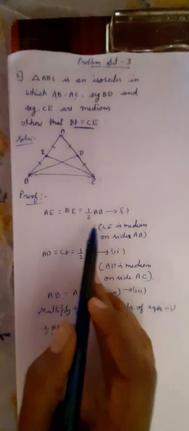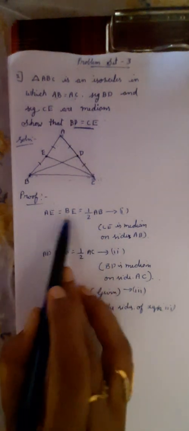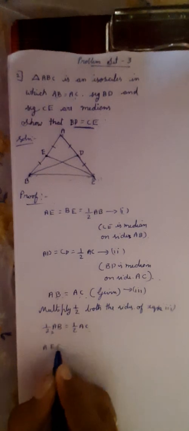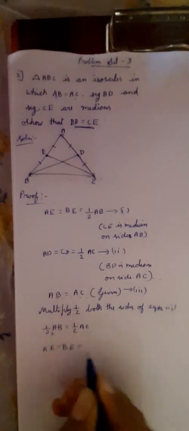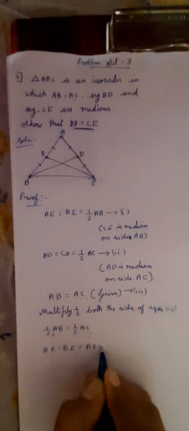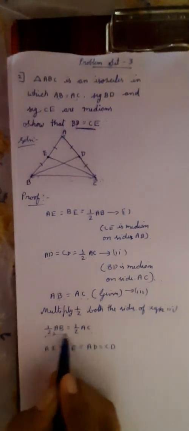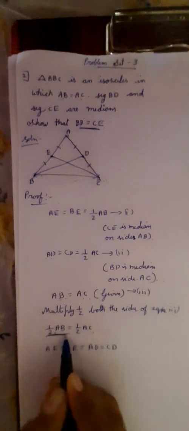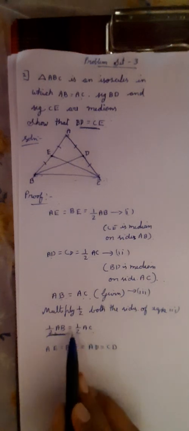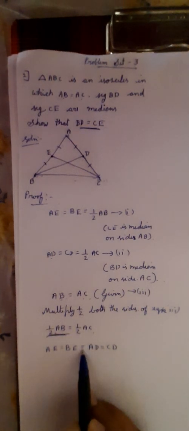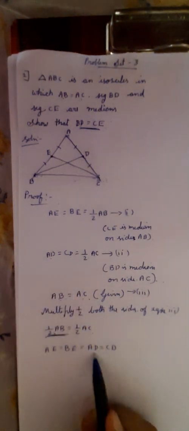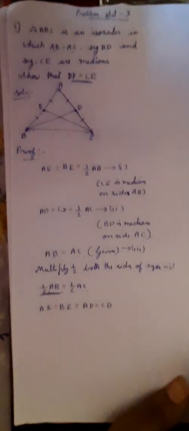Now half AB equal to what? From equation 1, AE is equal to BE, is it? So in the place of half AB, I will write AE is equal to BE, and half AC is nothing but AD equal to CD. I repeat, in the place of half AB, write AE is equal to BE, and in the place of half AC, write AD is equal to CD.